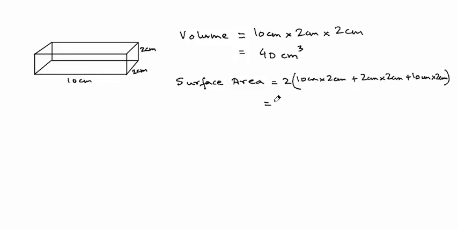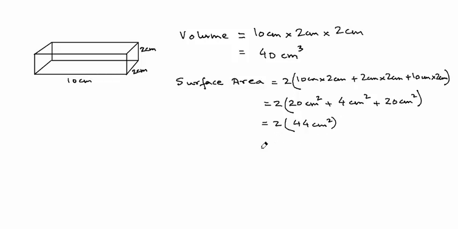So this is equal to 2 times 10 times 2 is 20, 20 centimeters times centimeters is square centimeters, plus 2 times 2 is 4 square centimeters, plus 10 times 2 is 20 again, square centimeters. So this is equal to 2 times 20 plus 4 is 24, plus 20 is 44. So we have 44 square centimeters multiplied with 2, which is equal to 88 square centimeters.